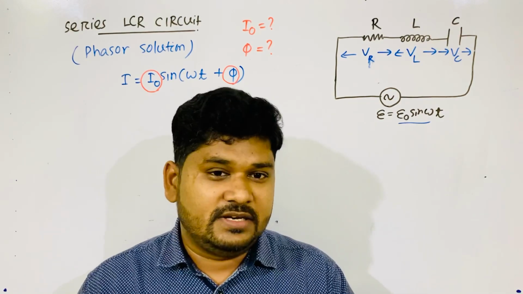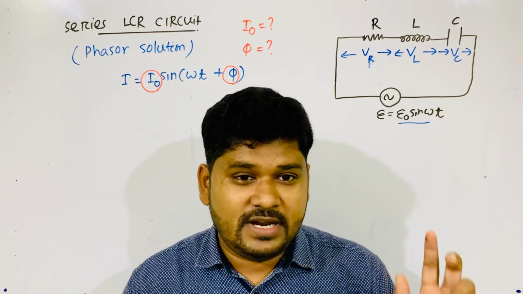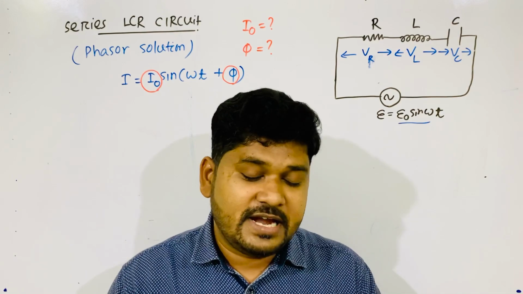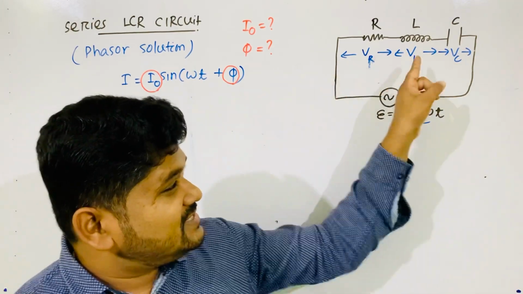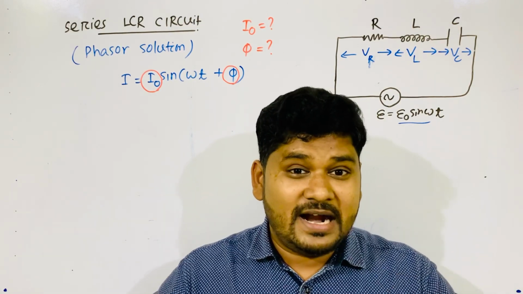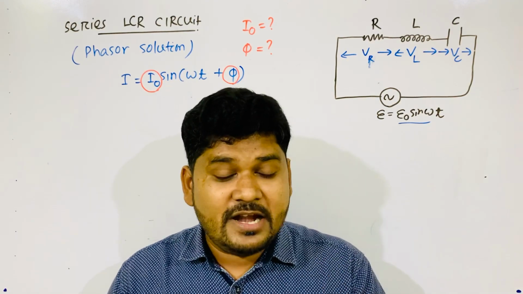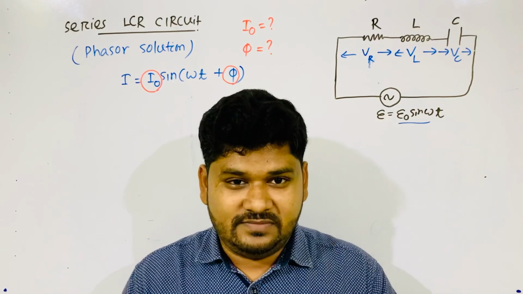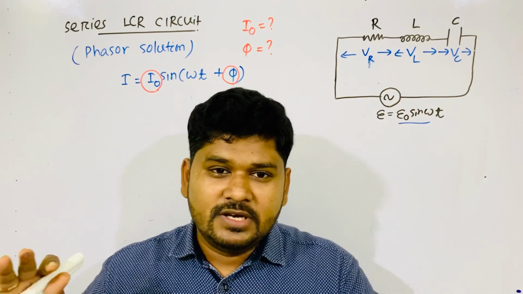But I want to add something extra. Previously you only understood magnitude: 2 ampere flowing, 4 ampere, 50 ampere.